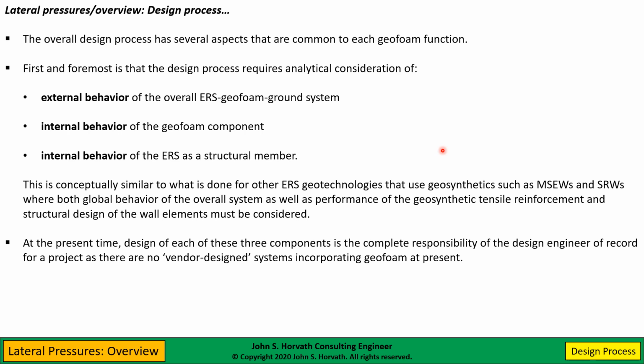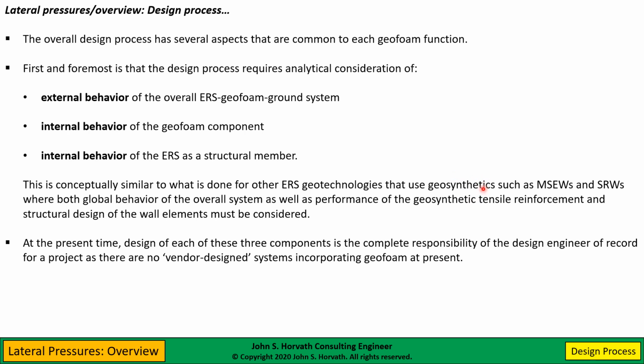What is a bit different is that, with both mechanically stabilized earth walls and segmental retaining walls, certainly in recent years, engineers have gotten used to what we call vendor design systems, where you could say on a contract drawing, look, I want a segmental retaining wall to look like this and go here, and then you leave it up to the contractor to decide which particular wall type they want to use. And typically there are engineers who do the design for the wall manufacturer.